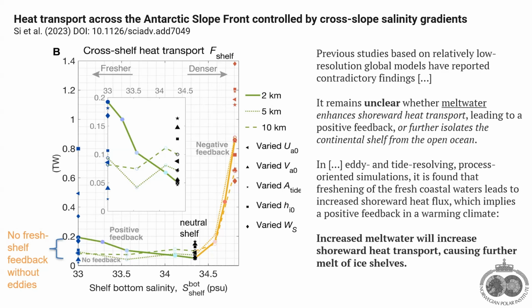And then from their process resolving study, they find that increased meltwater will increase shoreward heat transport, causing further melt of ice shelves. So this is another feedback, a tipping point, or however you would like to call it.